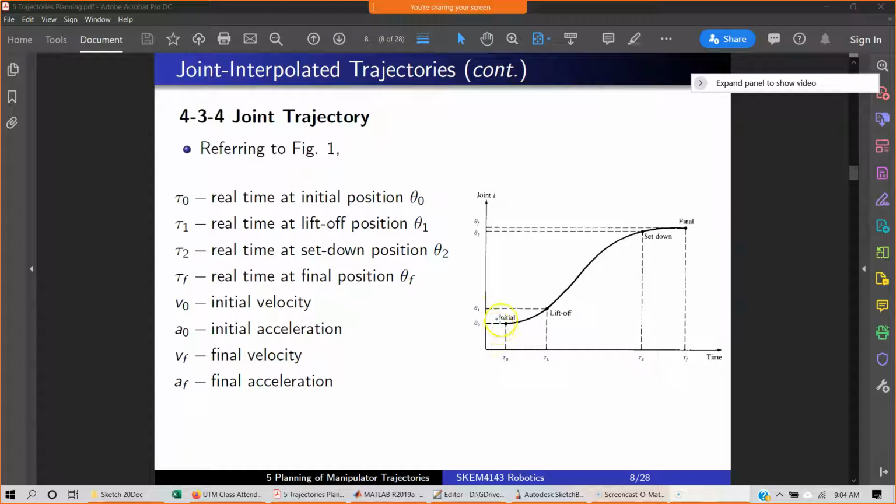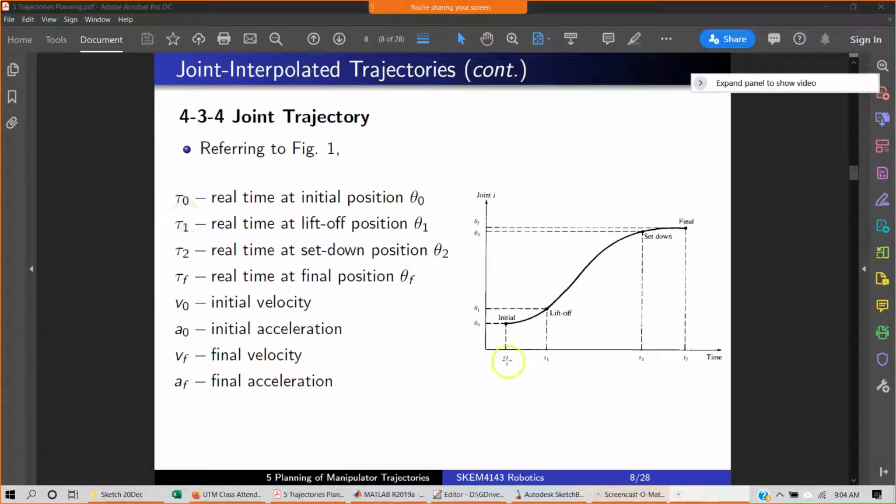that our trajectory for every joint would look like this. Okay, so it says here joint i. That means if you use a six degree of freedom robot arm, then you would have 6 graphs like this, one for every joint.